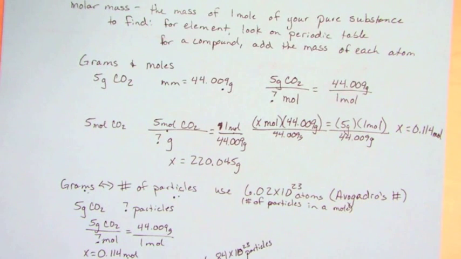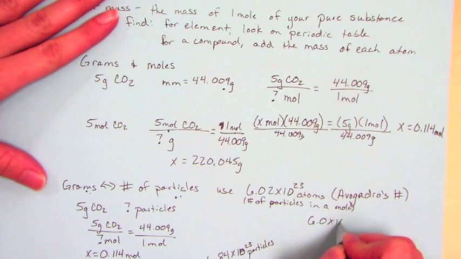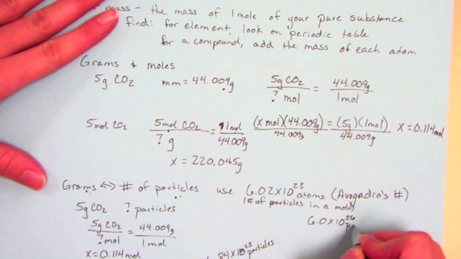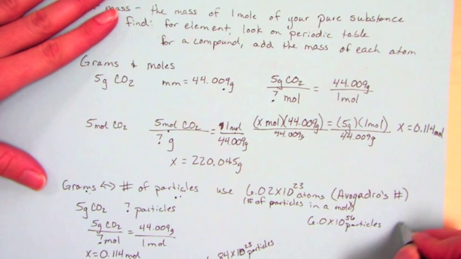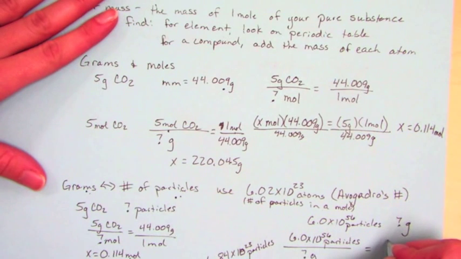If we were going from particles to grams, and say we started out with 6.0 times 10 to the 56 particles, and we were curious about how much mass that would be, we first need to set up our proportion to moles.